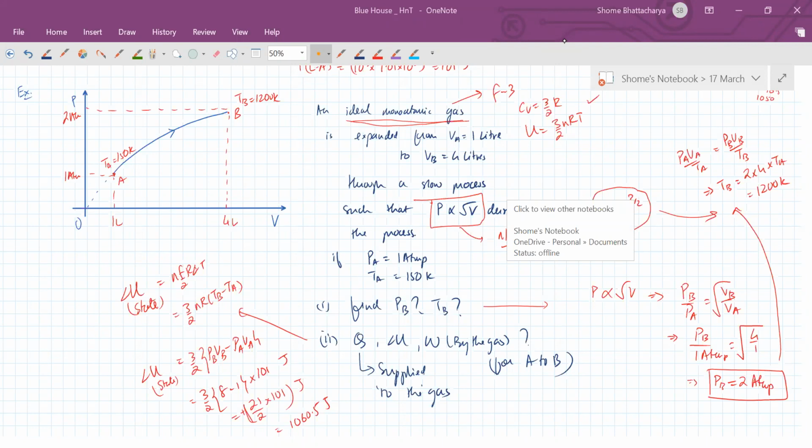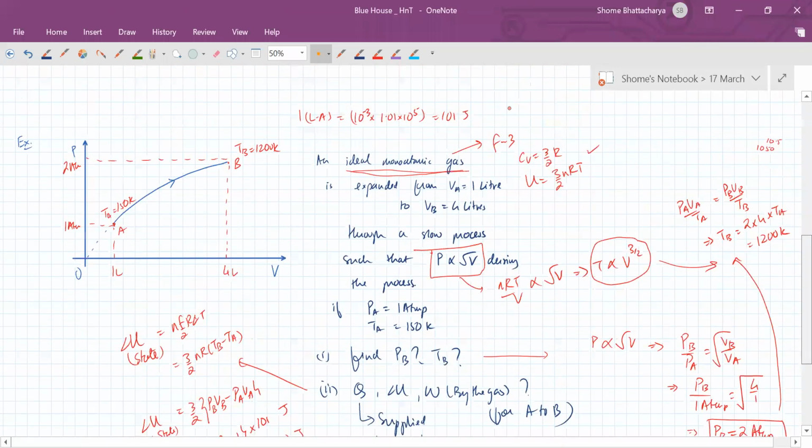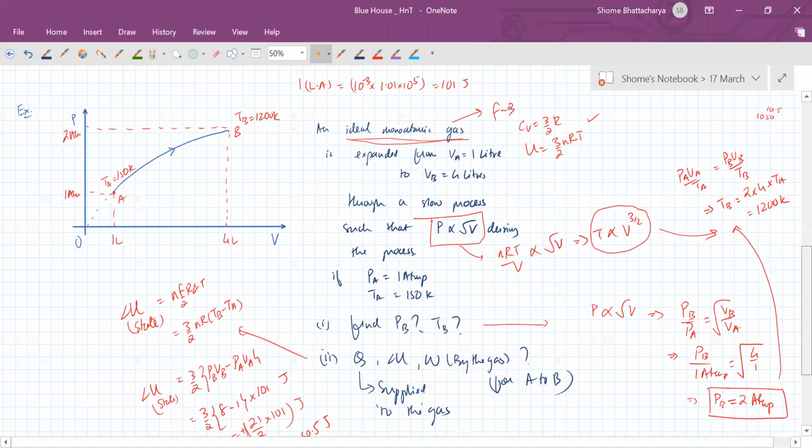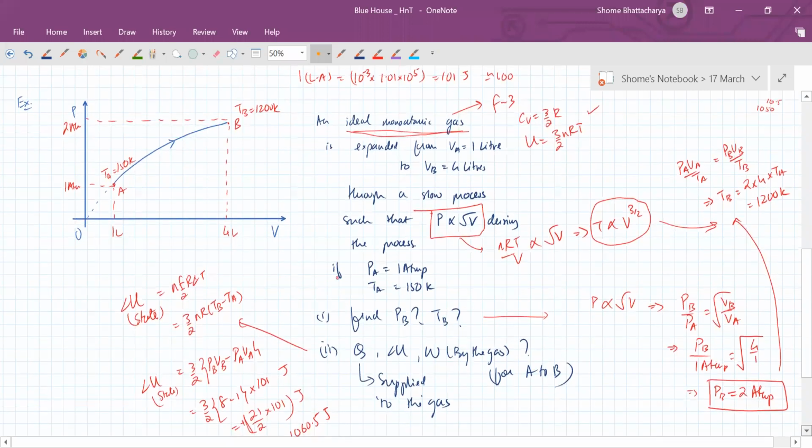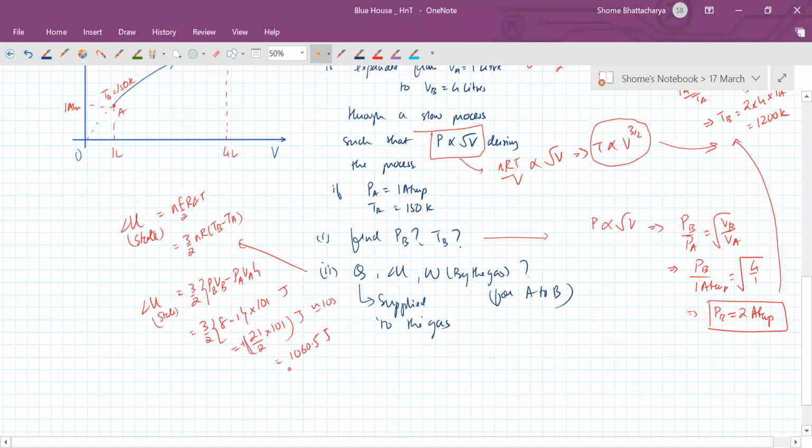You can also take this as approximately 100 joules, especially if it is given in the question to take 1 atmosphere as 10 raised to the power 5 newtons per meter square. Then we can take this as 100 also. So if we take this as 100, then this becomes approximately 1050. But more precisely, it is this much. So that's our delta U.